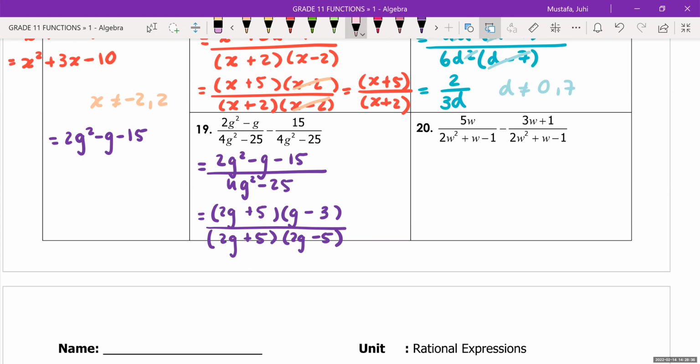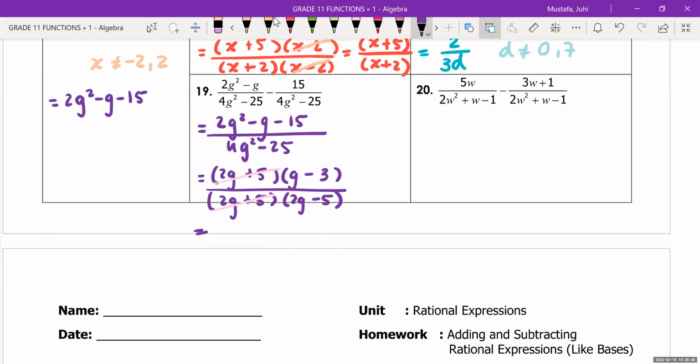So I got 2g plus 5 and g minus 3 at the top, 2g plus 5 and 2g minus 5 at the bottom. I'm going to cross out the 2g plus 5s, and I will be left with just g minus 3 over 2g minus 5.